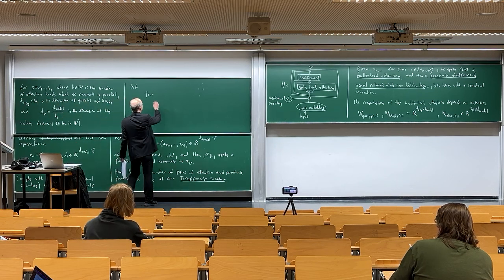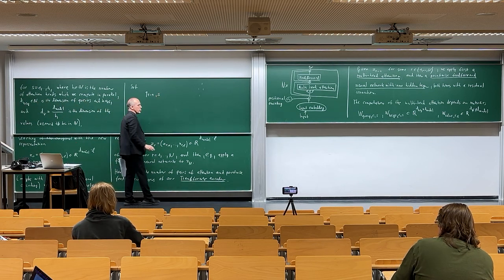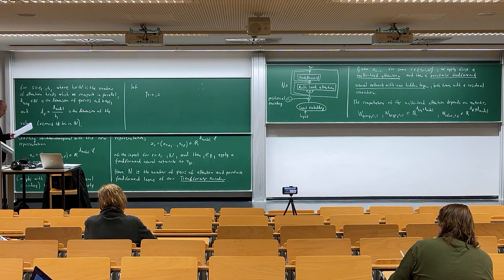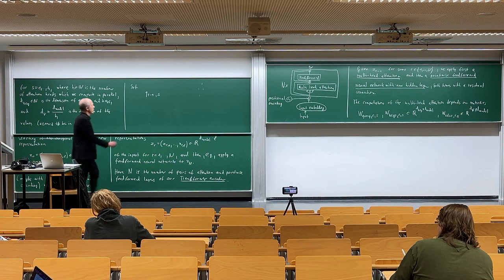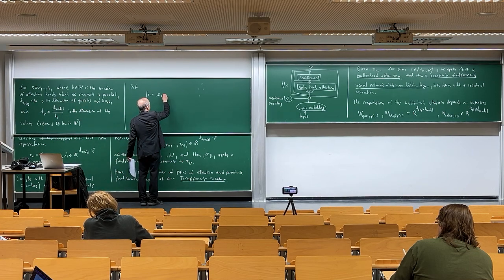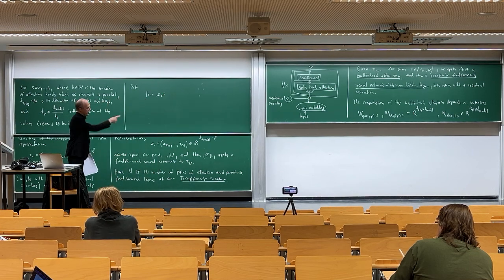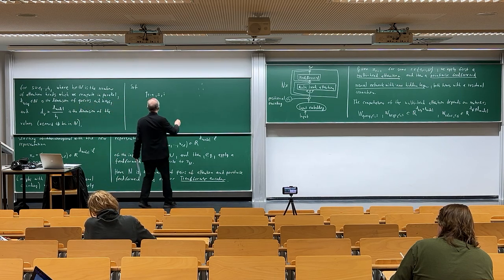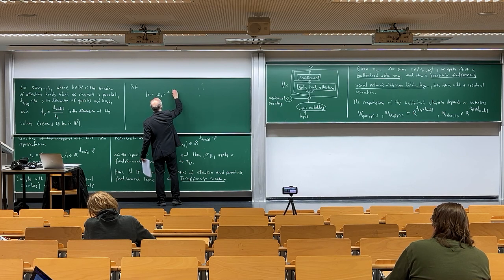I compute it in the attention head number S, so S runs from 1 to H, and I compute it corresponding to one of the L positions by just using this matrix with the corresponding indices, so W query.